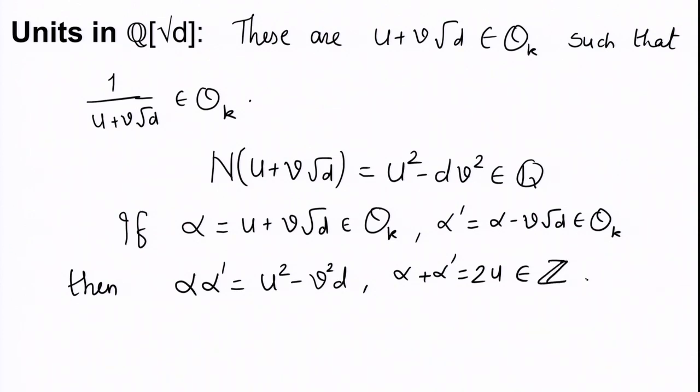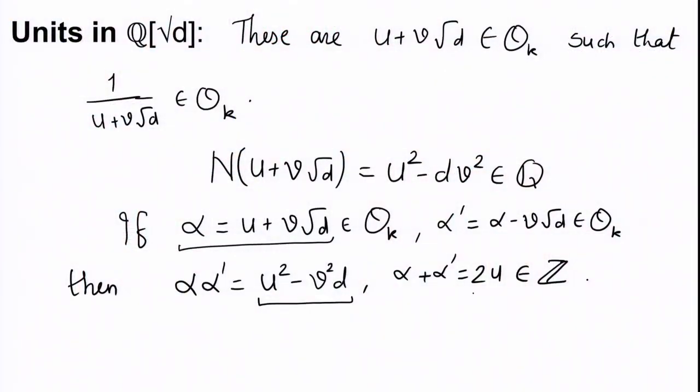There is a very nice and simple proof for this, because given any such alpha, we can construct a monic polynomial over integers satisfied by alpha. But if alpha is in OK, then the monic polynomial should have integer coefficients. The earlier was a monic polynomial over rationals. So, here alpha should satisfy a monic polynomial over integers, and then it turns out that u square minus v square d and 2u must be integers.